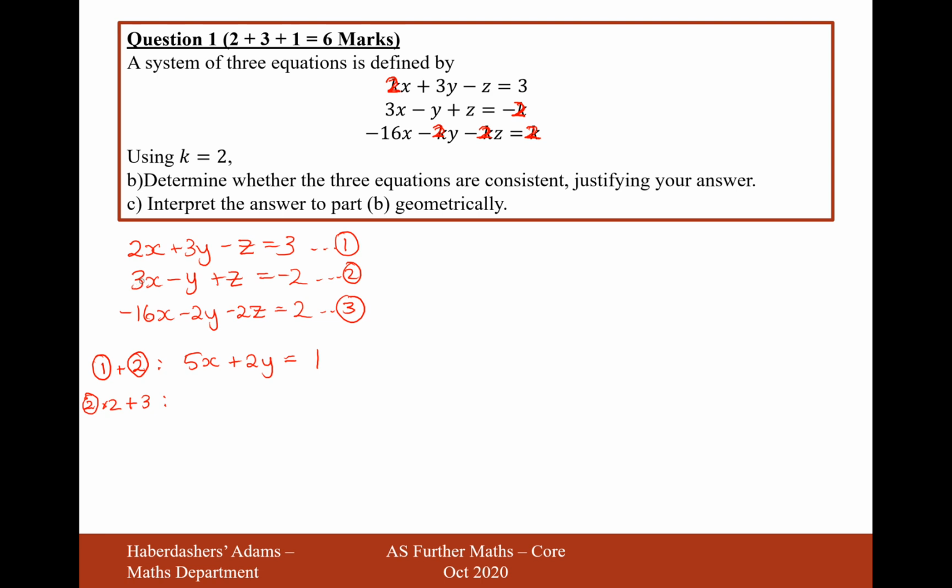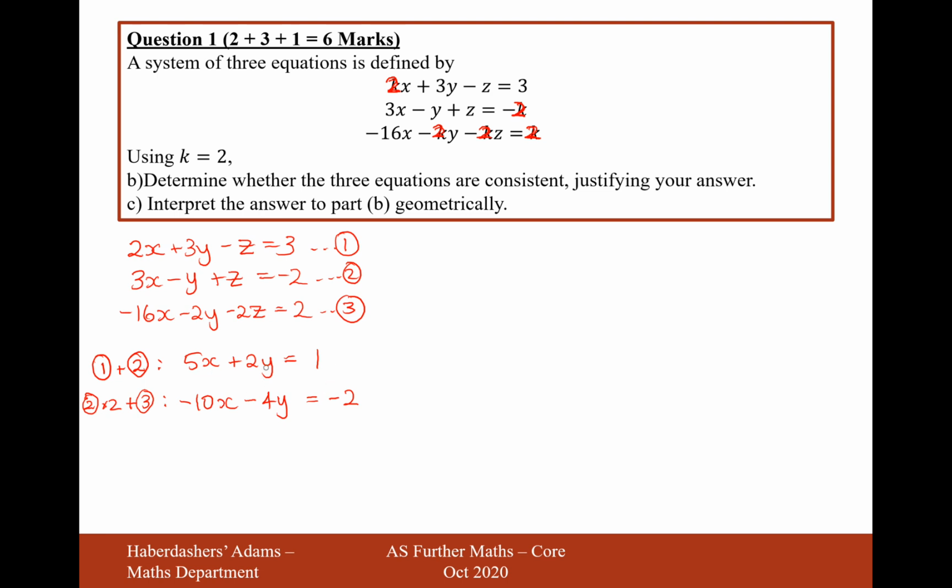So if I do 2 times 2, that would be 6x, add it on to 3, that would give me minus 10x. Times this one by 2, add it on to 3, that will give me minus 4y. That will cancel out the z's, and 2 times minus 2 would be minus 4, plus the 2, that would be minus 2. So what's the scale factor from this one to this one?